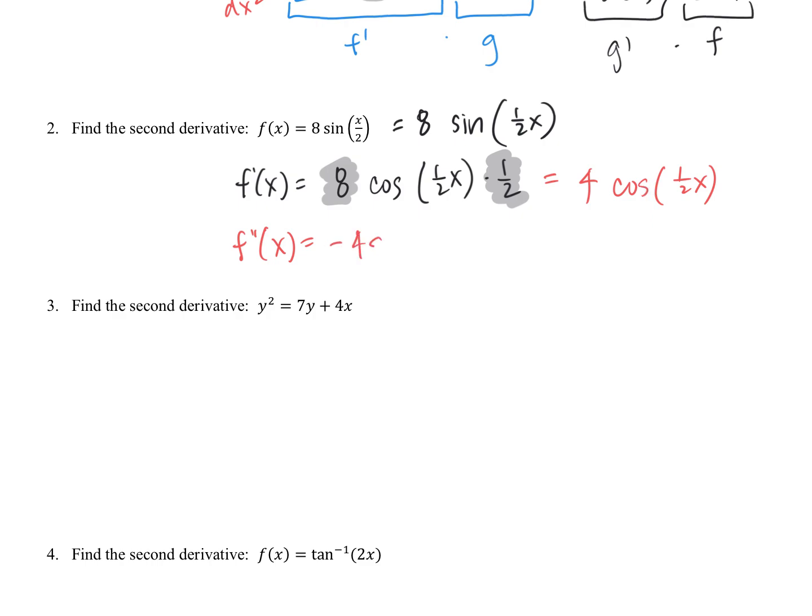So we'd have a negative 4 sine of 1/2 x times 1/2. And again, that's chain rule, you guys. The derivative of the outer we left the inner, times the derivative of the inner. My final answer could just be left like that, or we could multiply the negative 4 times the half to get a negative 2 sine.